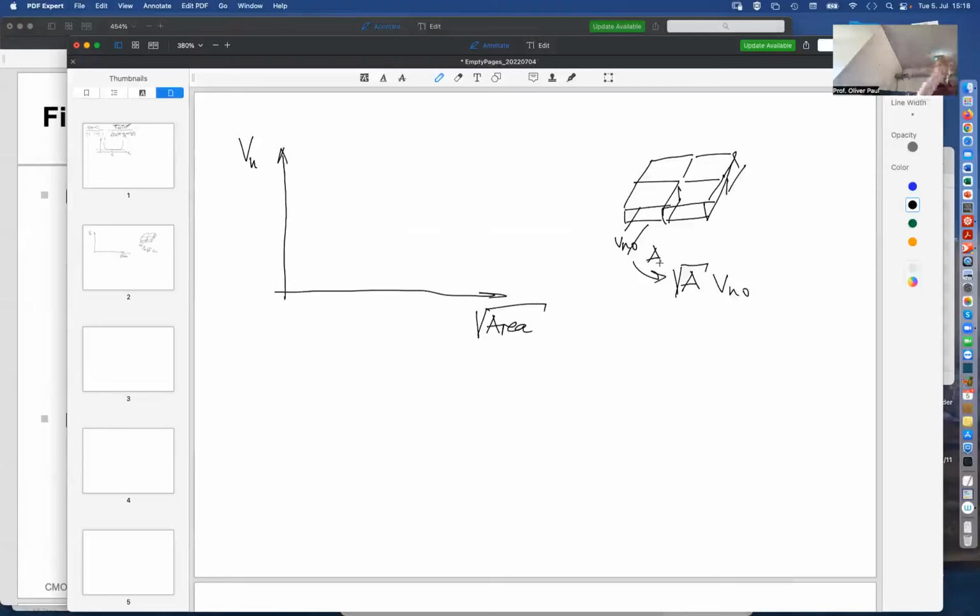These are random sinusoidal currents or voltages, and if you add them randomly, there is constructive and destructive interference. And the result of that random addition is actually that the effective voltage scales with the square root of the area. So the square root of the area is a parameter, and we know that the noise voltage will increase with the square root of the area.